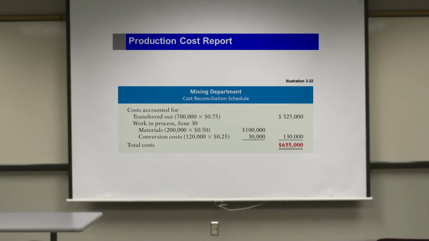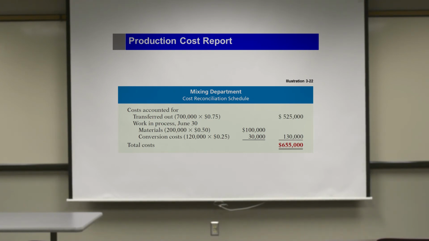For the conversion cost, your cost per unit was 25 cents. From step number 2, where we computed the equivalent units in the ending inventory of 120,000, your conversion cost is 120,000 times 25 cents to give you 30,000. So the total cost is 130,000 for the valuation of work in process ending inventory.